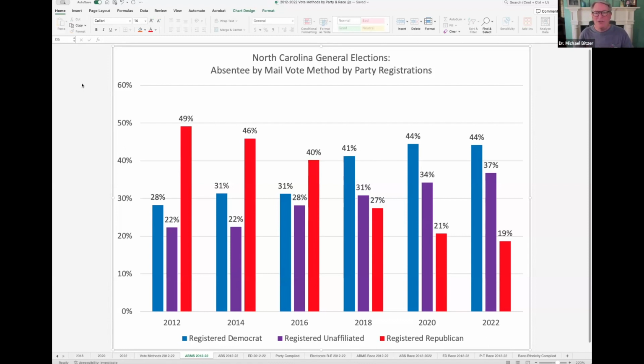What I came to the conclusion was, for folks who request an absentee by mail ballot, and that's what you have to do in North Carolina, you have to submit a request and then it gets sent to you, that's okay. Where I think he was going was, and this is the case in a lot of states, all voters get an absentee by mail ballot.